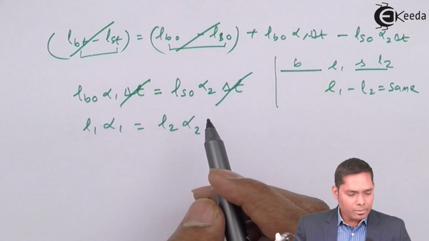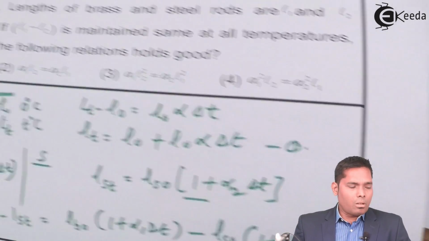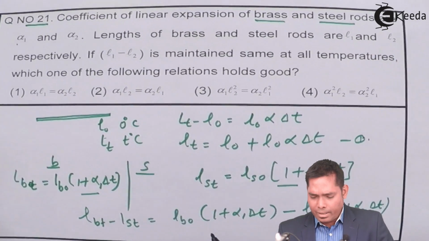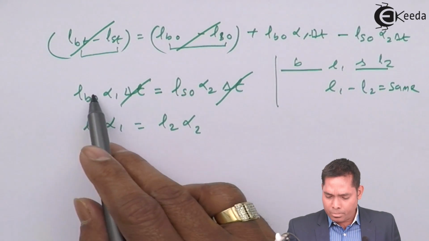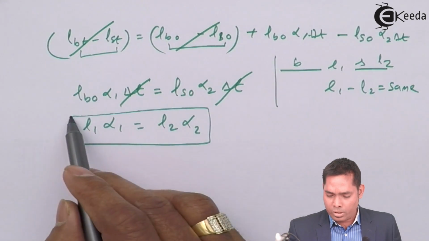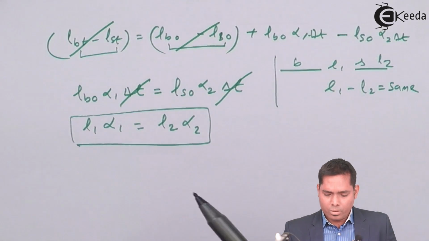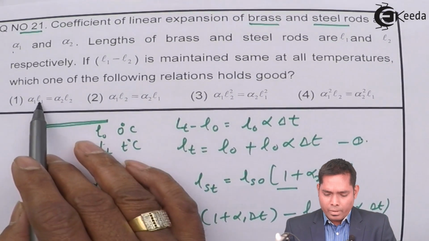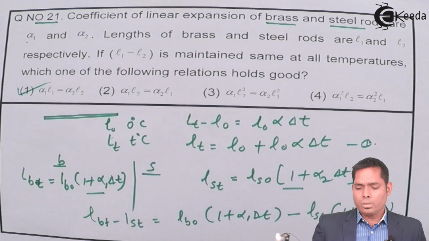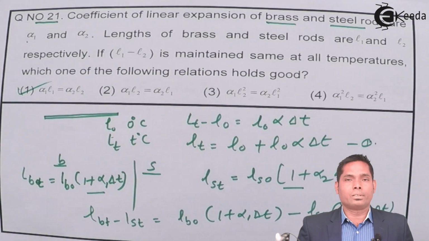I can write it like that. So this is the required relation: L1 alpha 1 equals L2 alpha 2. Therefore option number 1 is the correct answer to this question. Okay, thank you.